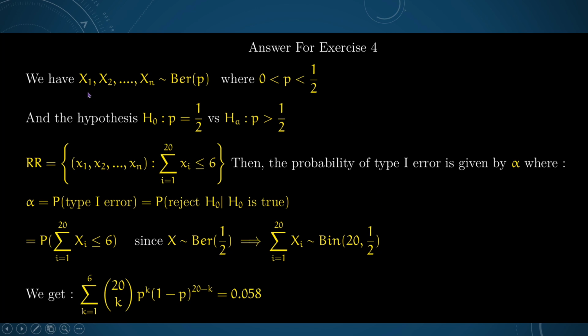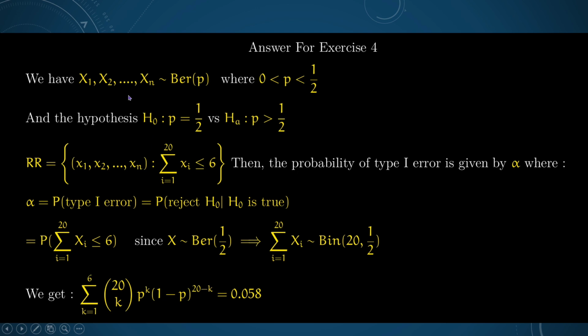As you can see, we have h1 up to hn, which follow a Bernoulli distribution with parameter p, where p is bigger than 0 and less than half.